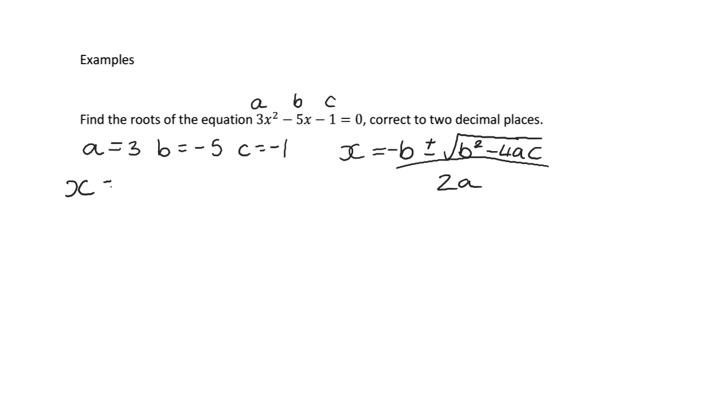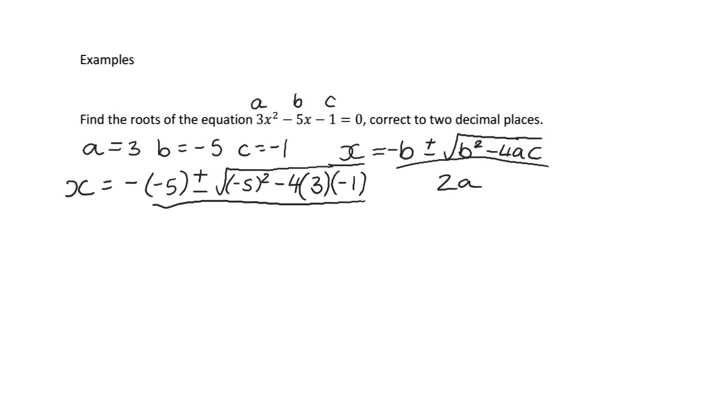So I've got x equals, and I've got negative 5 plus or minus the square root of negative 5 squared subtract 4 times 3 times negative 1, all over 2 times 3.